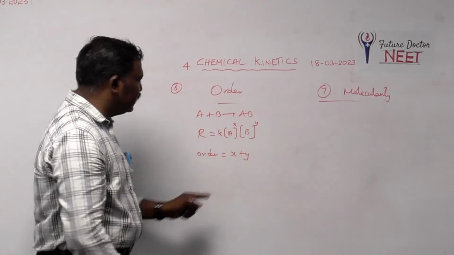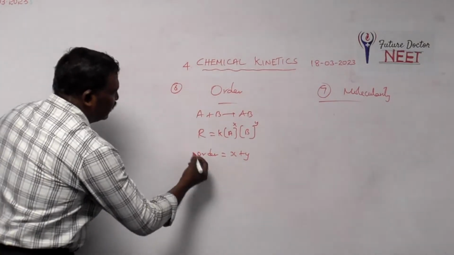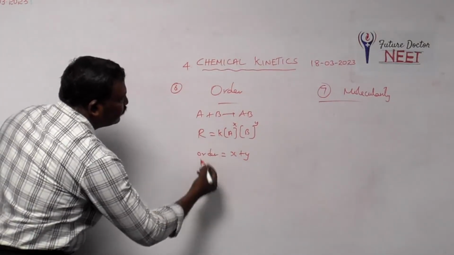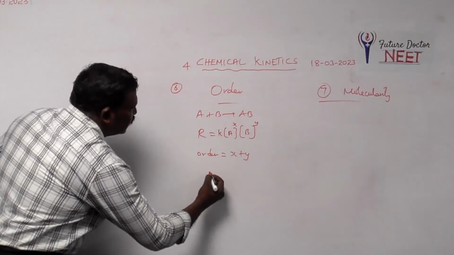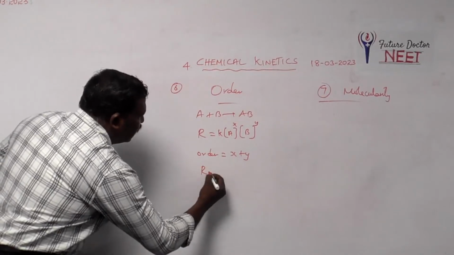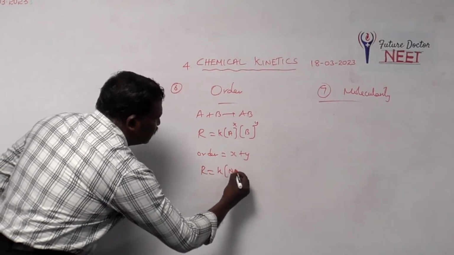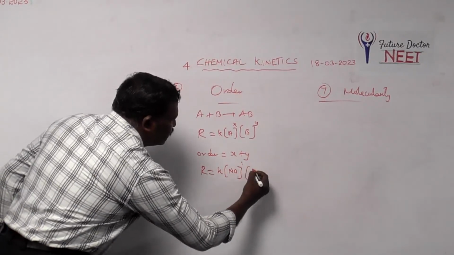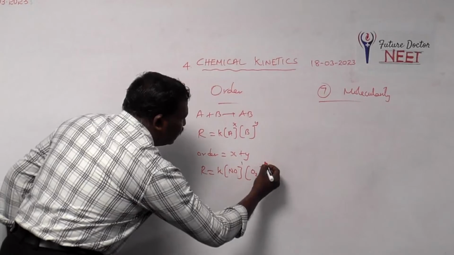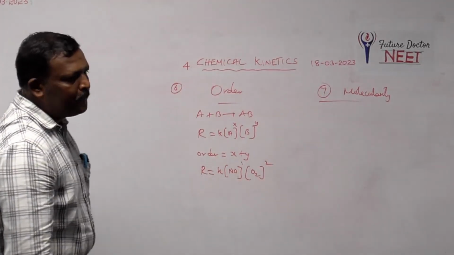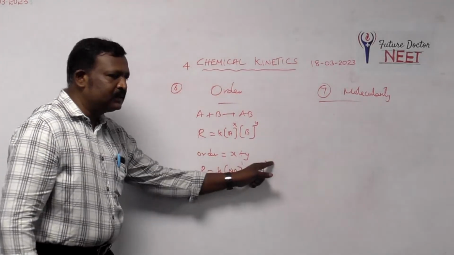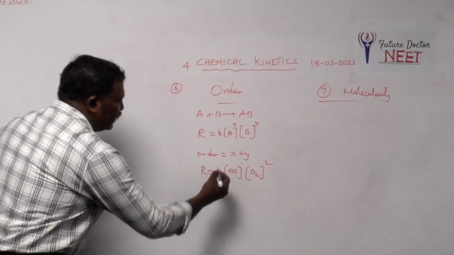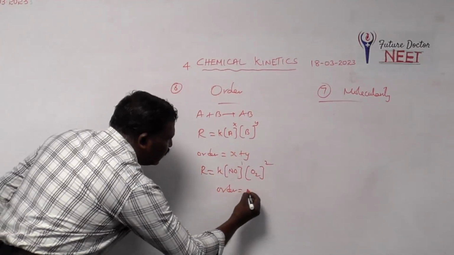Are you following? Okay. For example, I'll give. Okay. Suppose R is equal to K into concentration of NO power 1, concentration of O2 power 2. What's the order? 3. Add the powers. Understood? So order nothing but here order is equal to what? 1 plus 2.